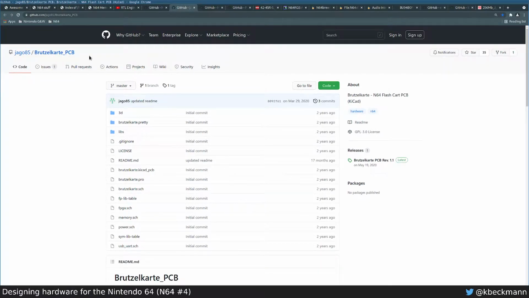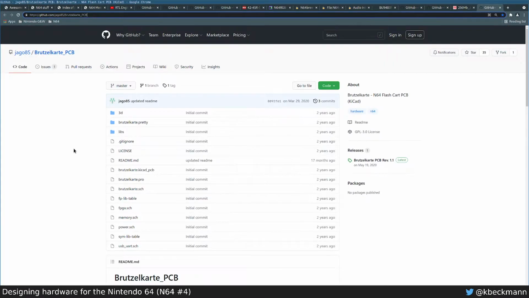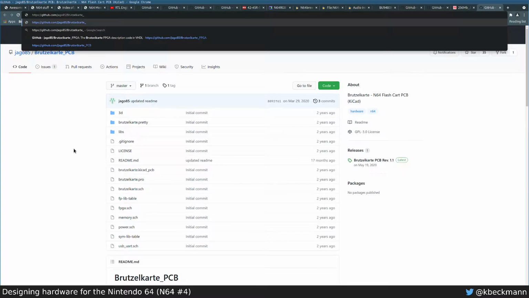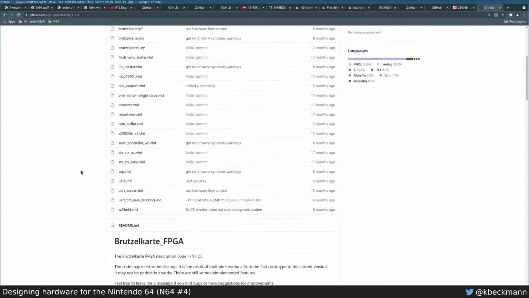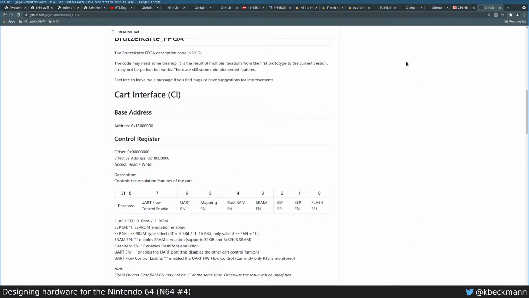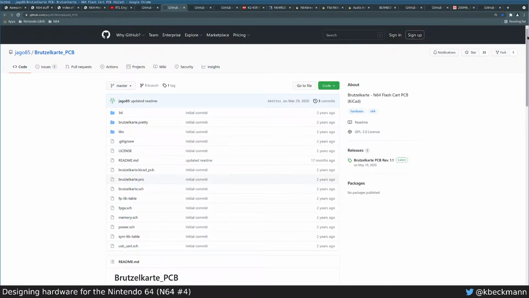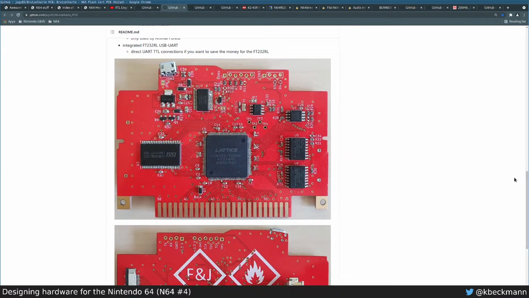Instead, there is this project, Karte, and let's see here. This is another open source FPGA-based flashcard for the N64, and we looked at this on a previous stream and actually used the PCB layout as a template, and it fits very well.